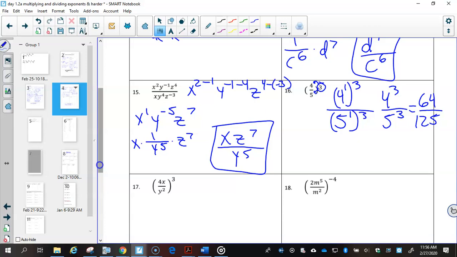I don't think it can, but. Can it be simplified? No.